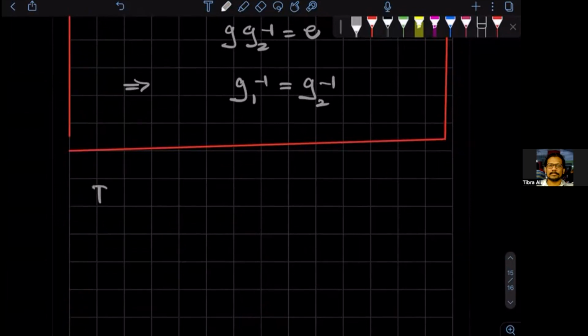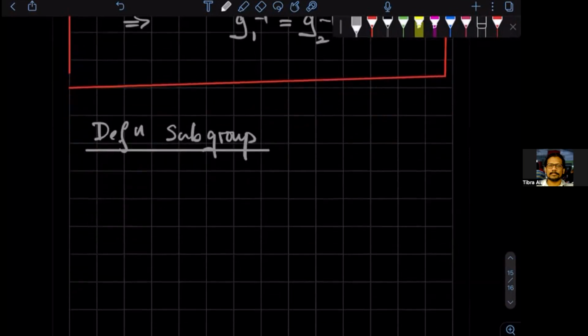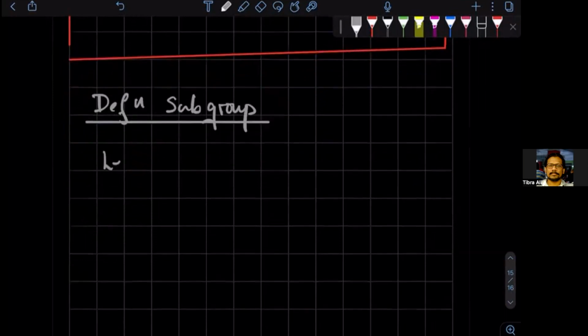So next, let's define the subgroup. So what is a subgroup? So sometimes we write this, let G be a group.